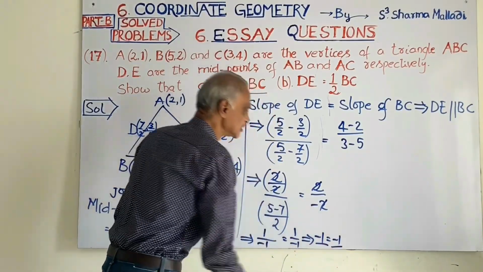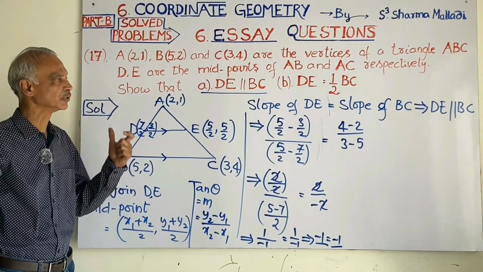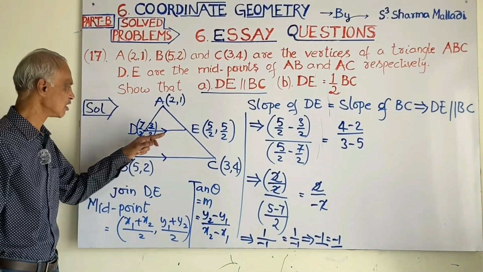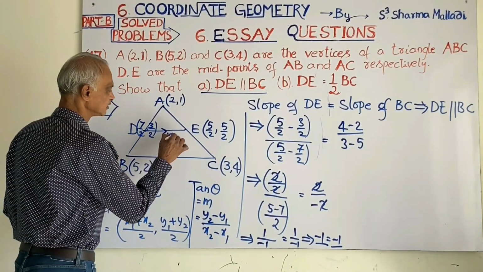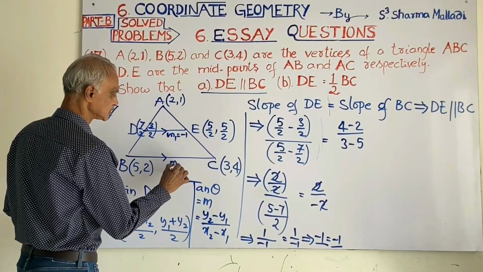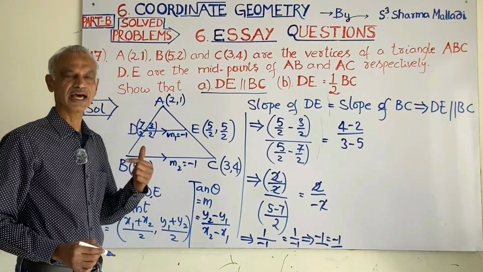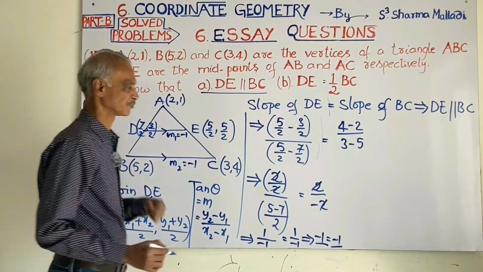These are equal to each other. We have shown the slope of DE is equal to the slope of BC. You take this as m1, which is minus 1, and m2 is also minus 1. Slopes are equal, then they are parallel to each other. DE is parallel to BC.